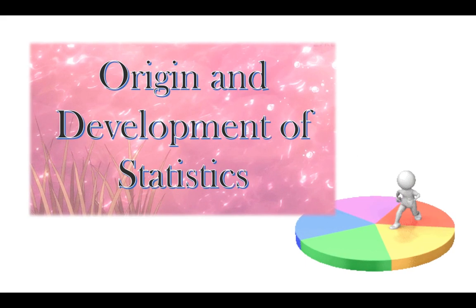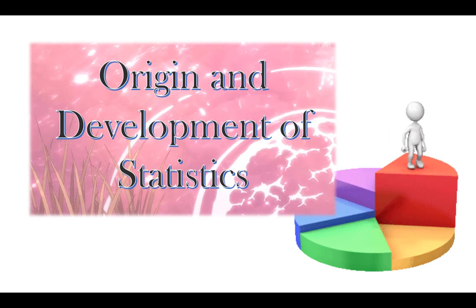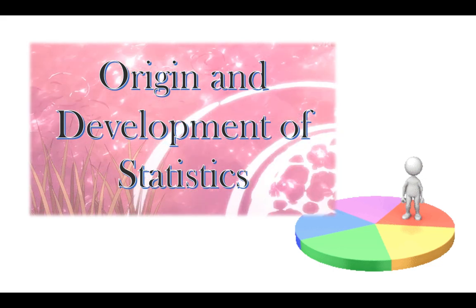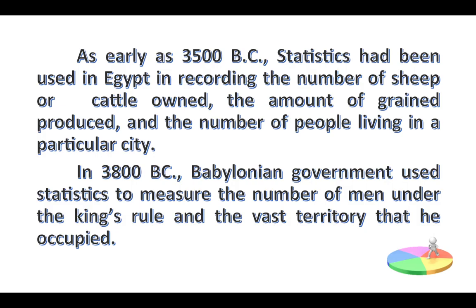Alright. Now, let's first talk about the origin and development of statistics. So, paano ba nag-umpisa ang statistics? As early as 3500 BC, statistics had been used in Egypt in recording the number of sheep or cattle owned, the amount of grain produced, and the number of people living in a particular city.